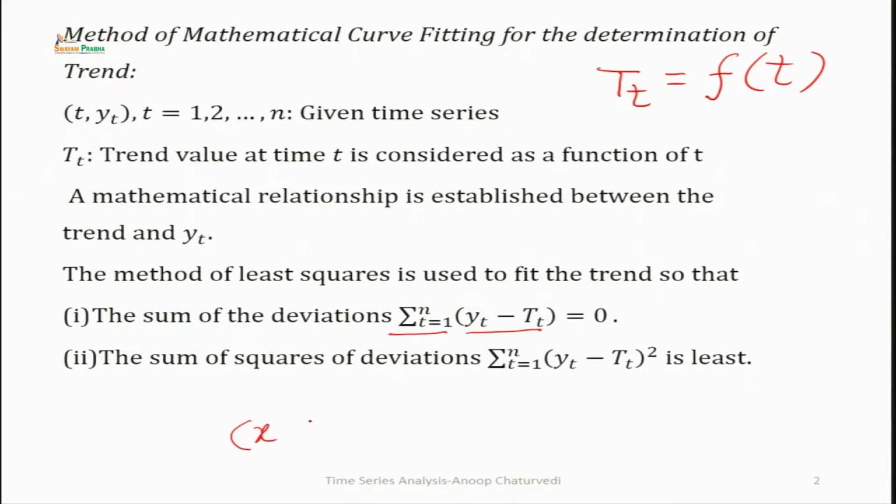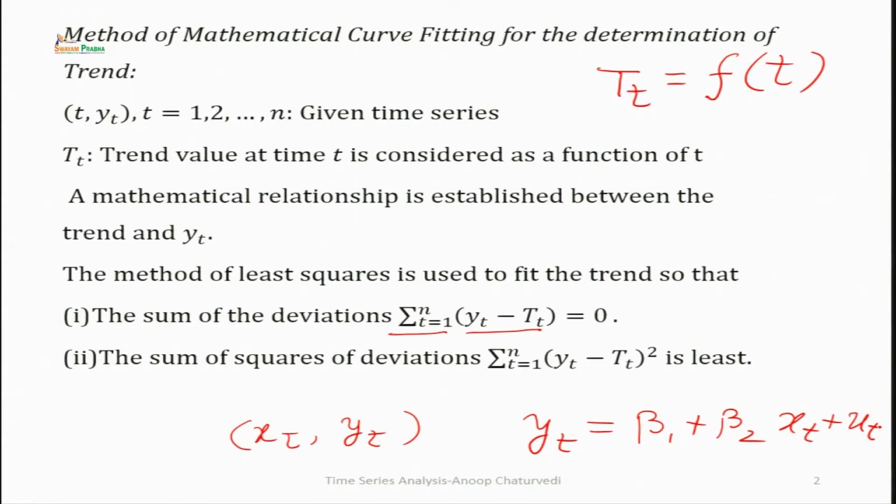In lecture 2, we have considered the bivariate data of this form, say x t, y t. Then we discussed how you can fit a curve between y t and x t, say suppose you want to fit a straight line, then y t is equal to beta 1 plus beta 2 x t plus another term.